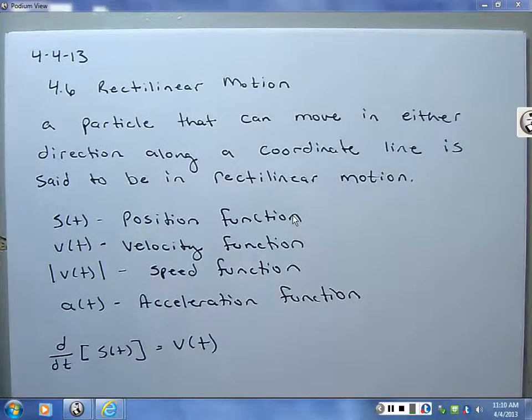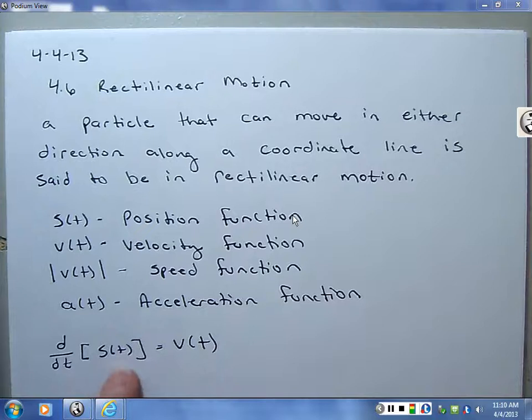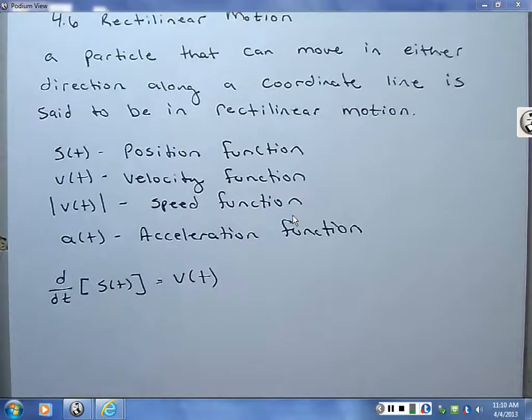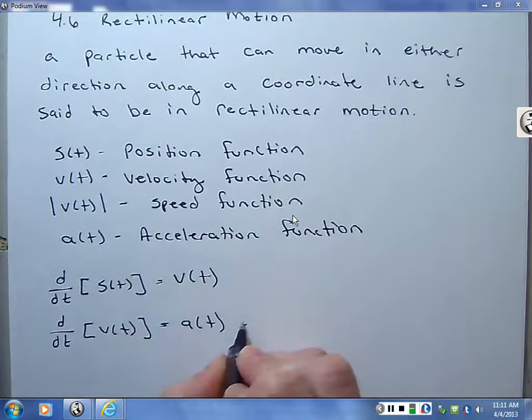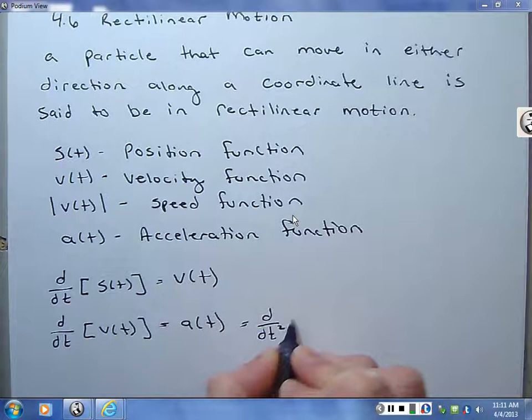That was kind of the idea of, if I take the derivative at an instant in time, it's going to be the velocity at that instant in time. The derivative of velocity is acceleration, which would be the second derivative of position.